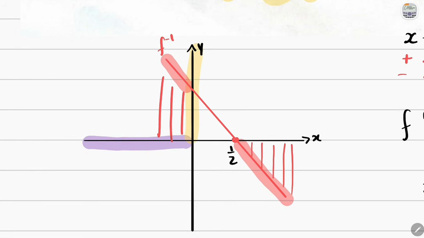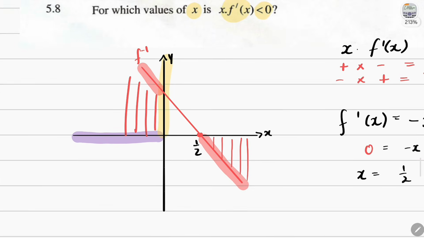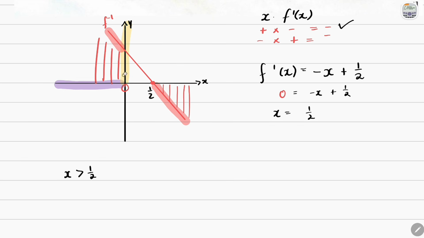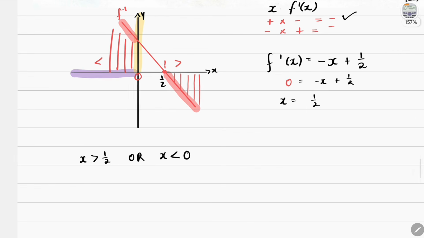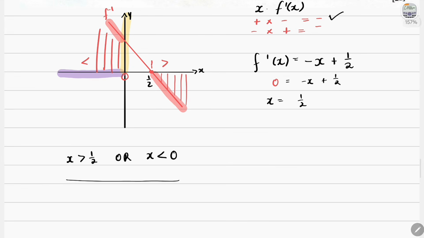If you line this down to the x-axis, you see that the x values for which this exists are values less than 0. So this exists for values of x where x is less than 0. They are not related. We don't have to write them together. And this is our answer.